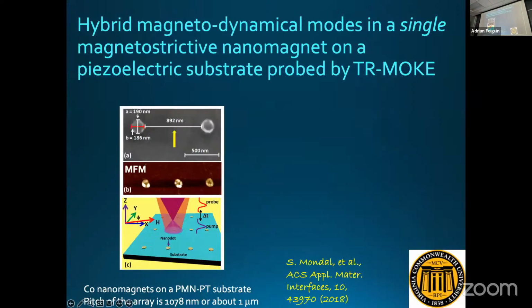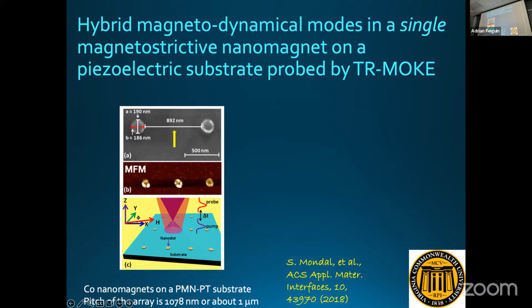This is a high magnification picture of nanomagnets. These have dimensions of 190 nanometers along the major axis and 186 nanometers along the minor axis, so it's only slightly elliptical, mostly circular, if you will. And the edge-to-edge separation is 892 nanometers.